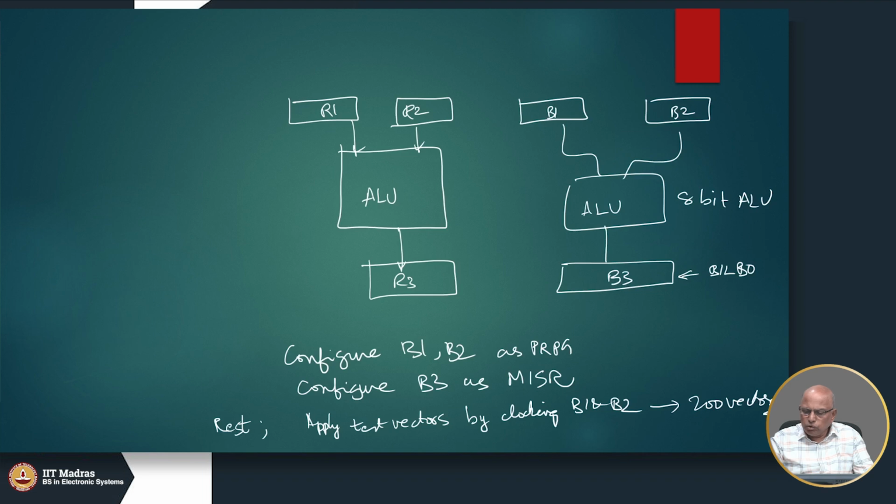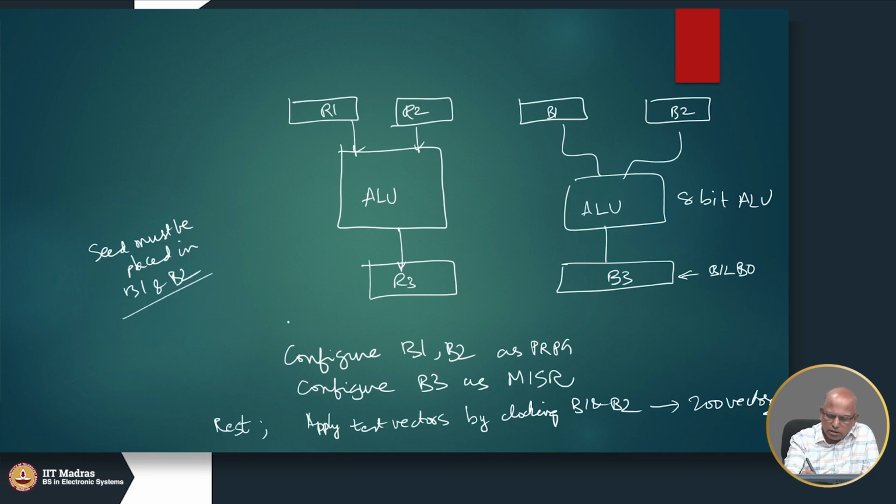And how do you load B1 and B2 with the seed? Usually, if 000 is the seed that we have to apply, usually the seed must be placed in B1 and B2. Okay, that can be done by first configuring them in parallel.